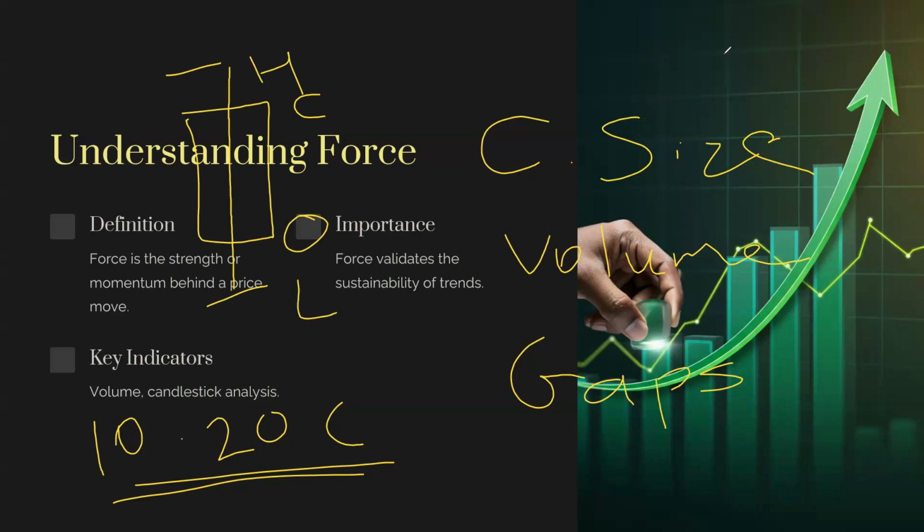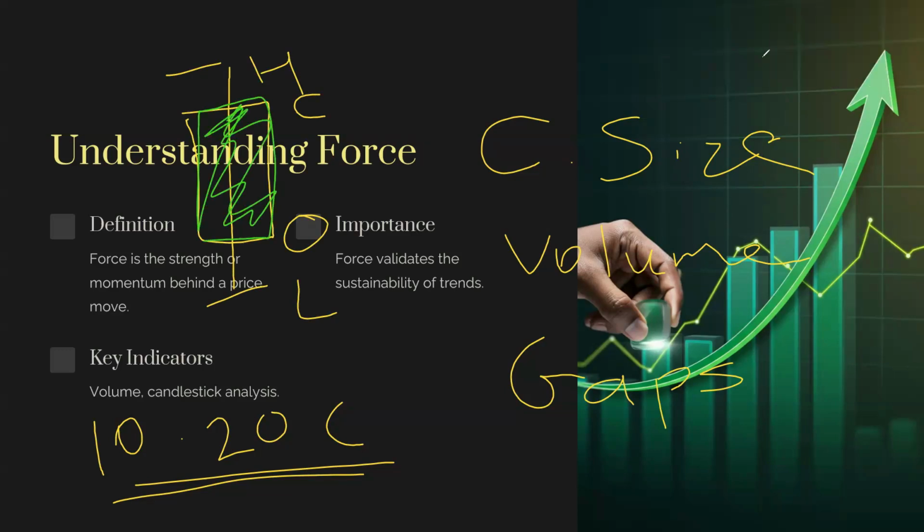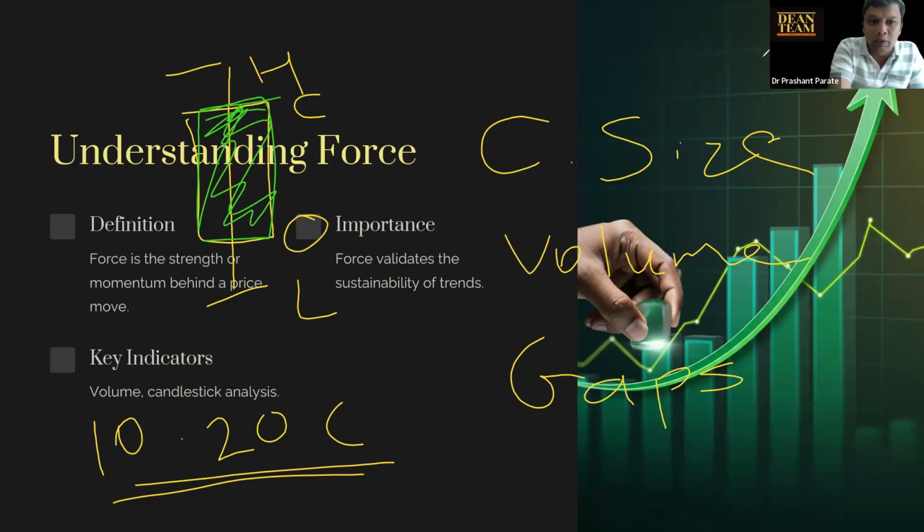This is a green candle, because open is here. Almost 80% is body. Okay, the body is large. So maybe this is 10%, this is 10%, and this is 80%. So the body is 80%.